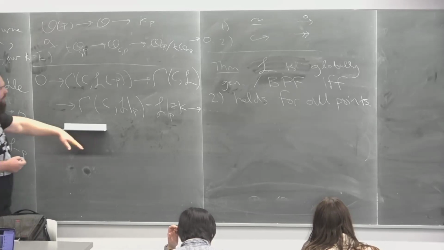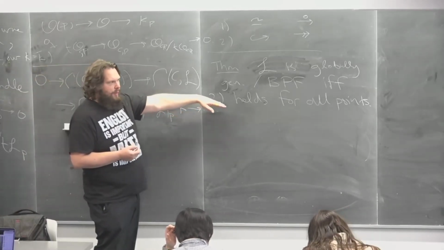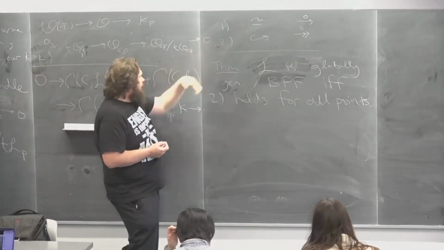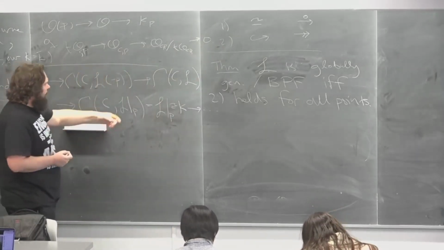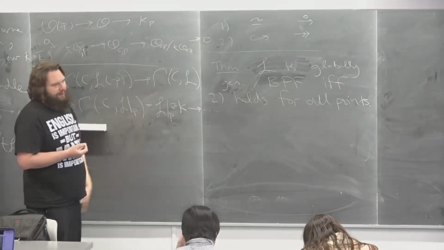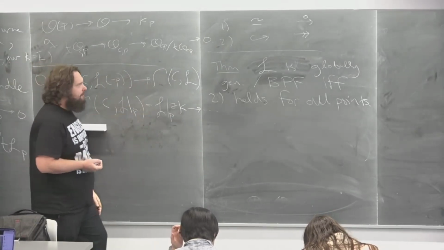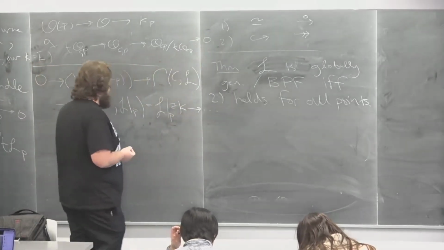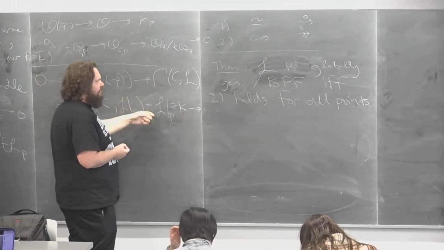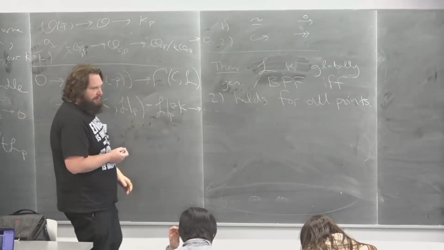All right, and if you think this through, this is basically just a definition. 2 is exactly saying that there's a section of L which doesn't vanish at this point. And 1 exactly says that every section of L vanishes at this point. So this is an isomorphism.